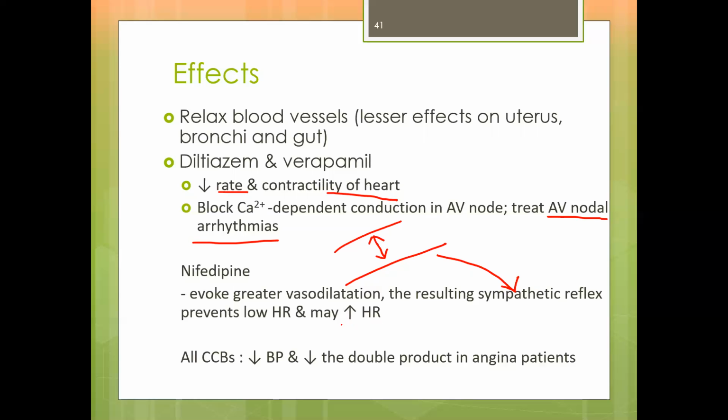So this is not desirable for patients who are having a heart problem, of course. When the perfusion in the heart is compromised, you don't want to increase the heart rate. But generally speaking, all calcium channel blockers reduce the blood pressure and reduce the double product in angina patients. So in short, this is what the calcium channel blockers do.